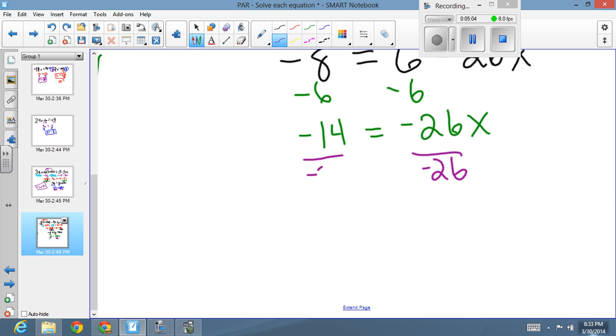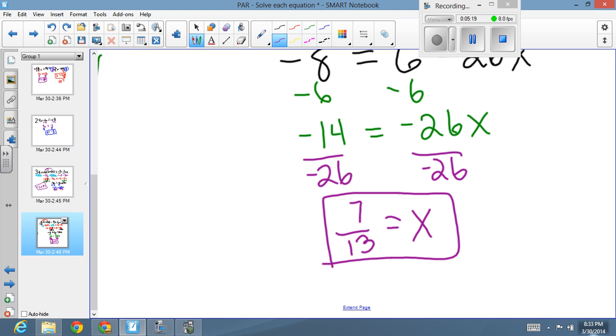Divide both sides by a negative 26. A negative divided by a negative is a positive. I can reduce each of those by a 2. 14 divided by 2 is 7. 26 divided by 2 is 13. Positive 7/13.